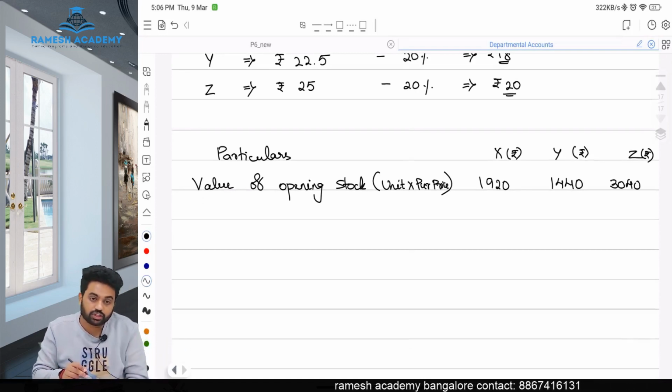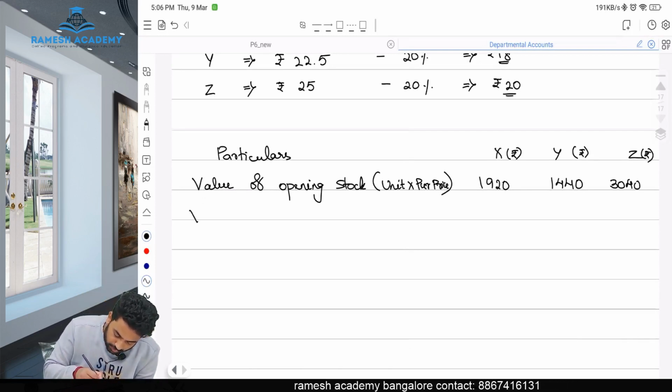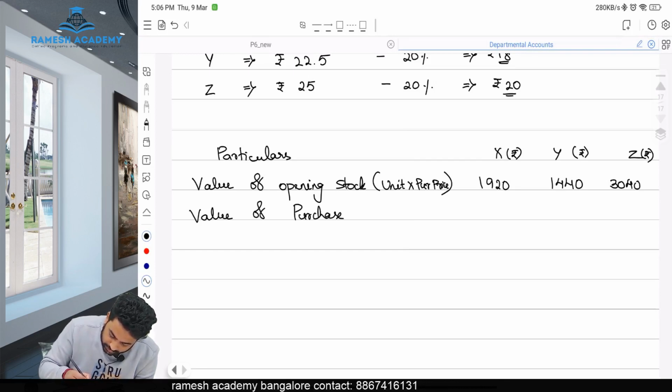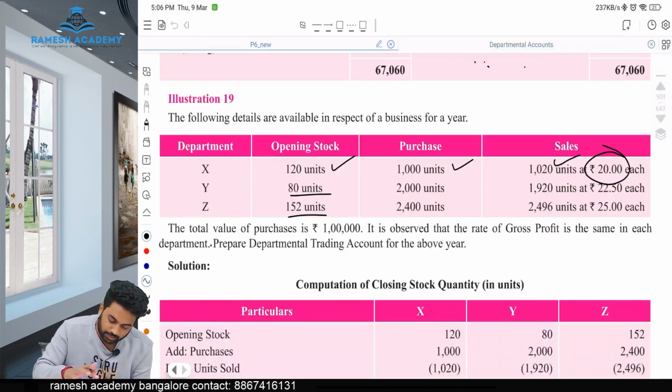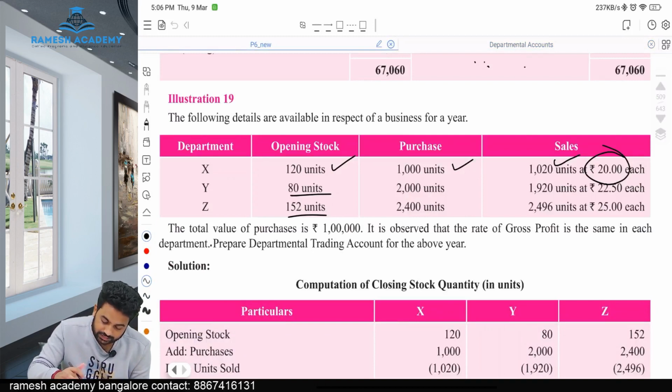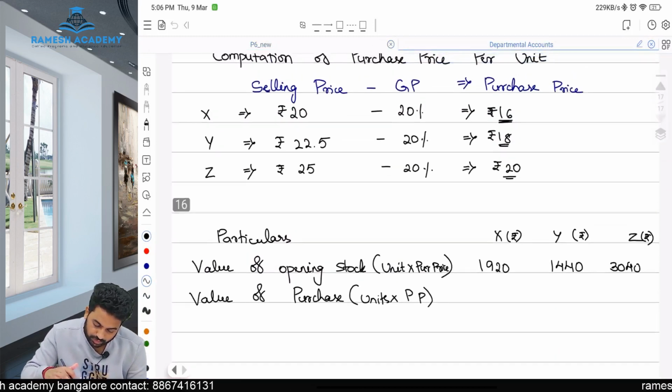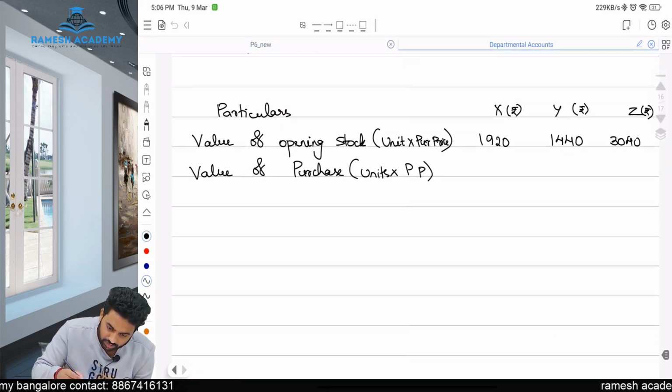Value of opening stock is done. Value of purchase. Again, units into purchase price. How many units are purchased in X? It is 1000. 1000 into rupees 16 will be 16,000.